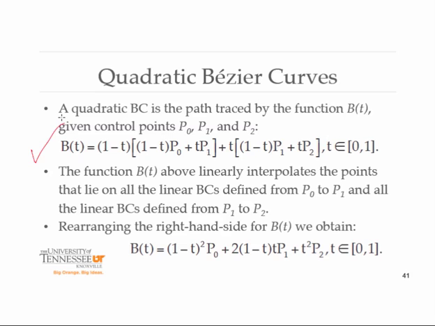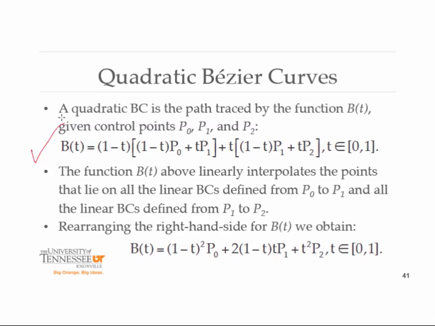So the construction of Bezier curves is very hierarchical in the sense that quadratic Bezier curves are based on linear combinations of linear Bezier curves. And I guess you could probably guess what's going to happen for cubic Bezier curves. They're going to be linear combinations of quadratic Bezier curves.